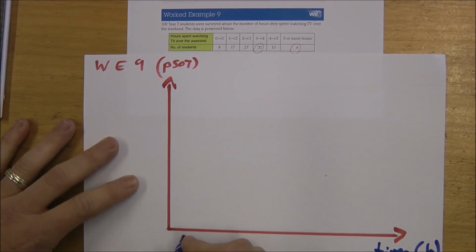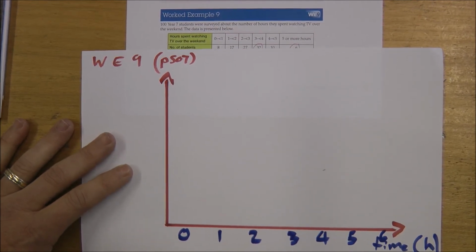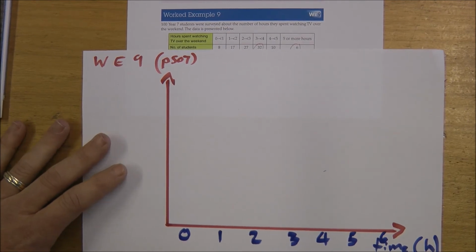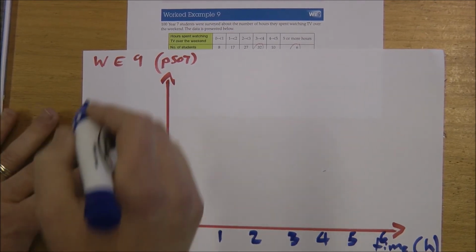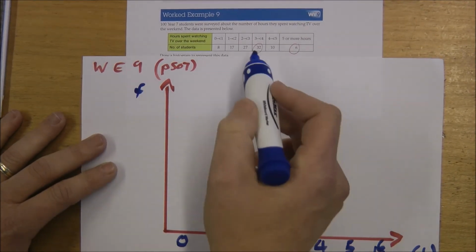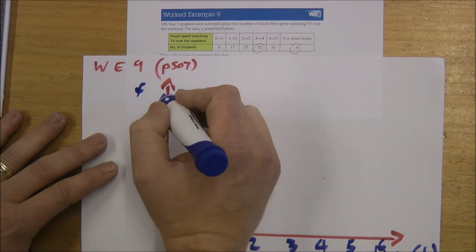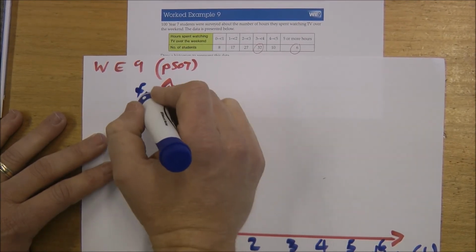So, running out of space there. 0, 1, 2, 3, 4, 5, and 6 will do. Up the side is our frequency. And we need to get up to above 32. So we'll just have an easy scale. I reckon we'll go up to 35.